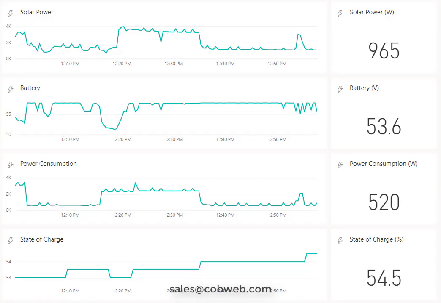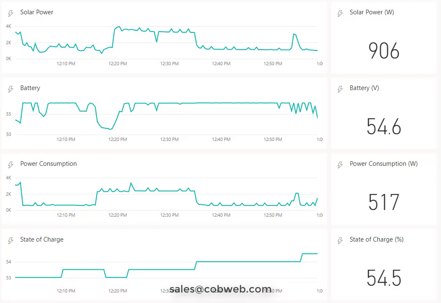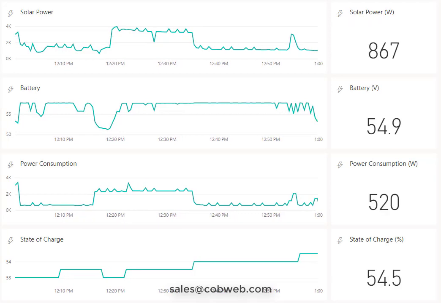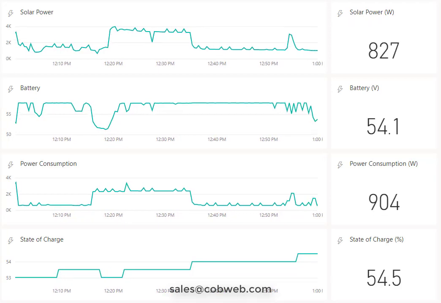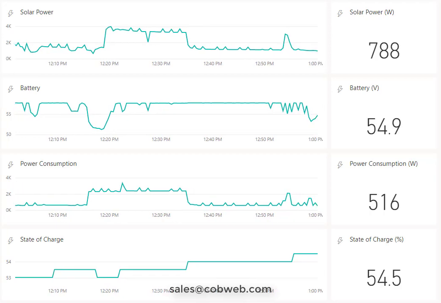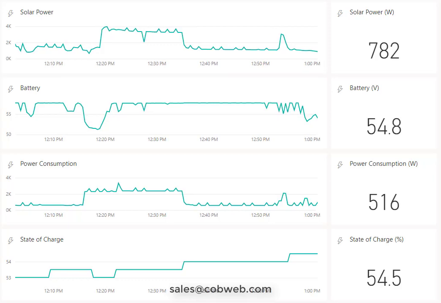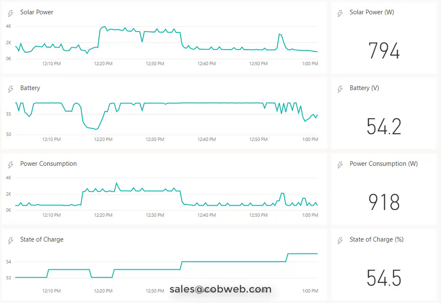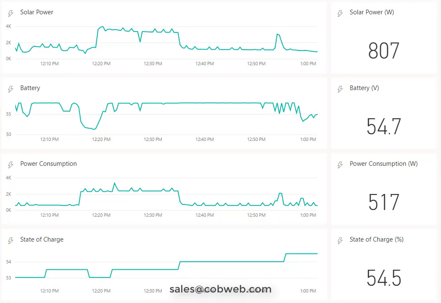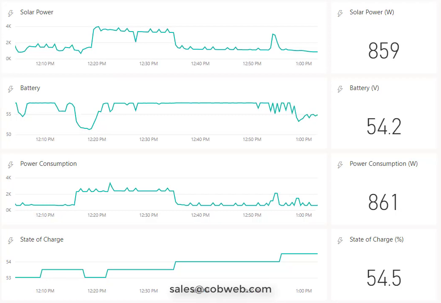And now what we can see on the screen is the first part of our solution, the real-time dashboards. I'll be the first to admit that the visuals available to real-time dashboards aren't the most aesthetically pleasing. There are very few visuals to choose from as well. But what we've done is we have 4 measures: solar power, battery, power consumption, and state of charge.